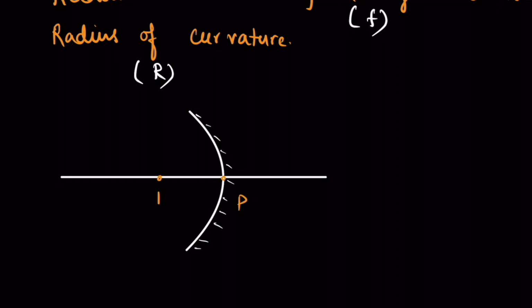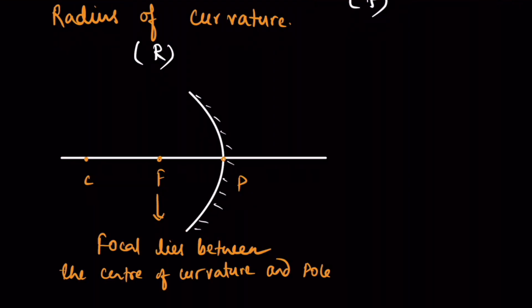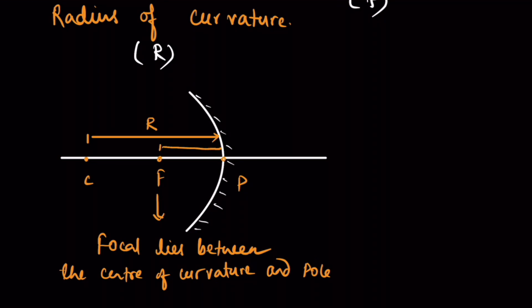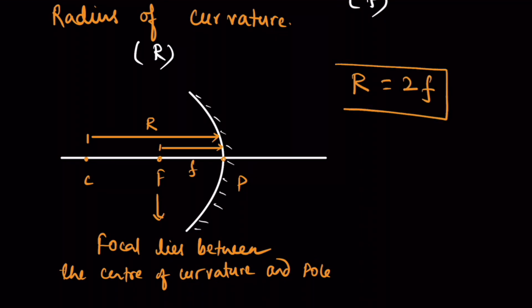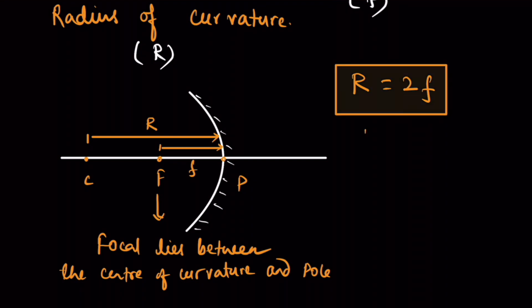This is the focus. And this is the center of curvature. So focus lies between center of curvature and the pole. It means that radius of curvature is double of the focal length. So the relation is, radius of curvature is 2 times the focal length. It can also be written as focal length is half of the radius of curvature.